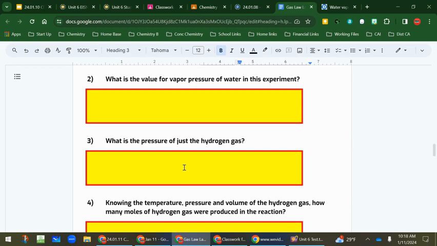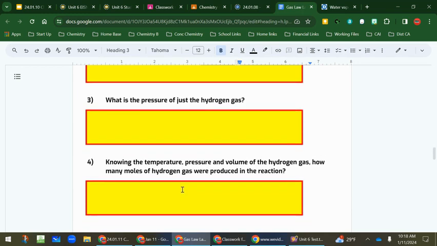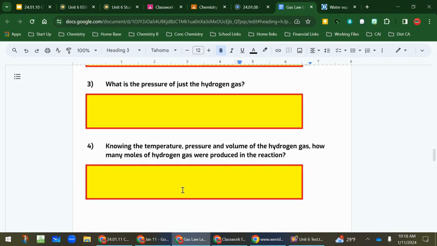Now, number 4 says knowing temperature, pressure, and volume, how many moles were created? What formula do we need to use? Anyone?